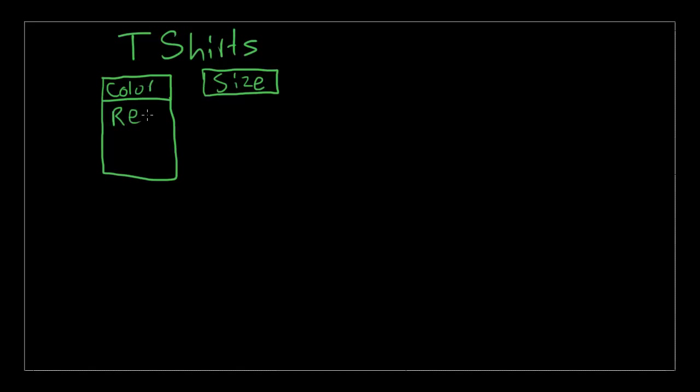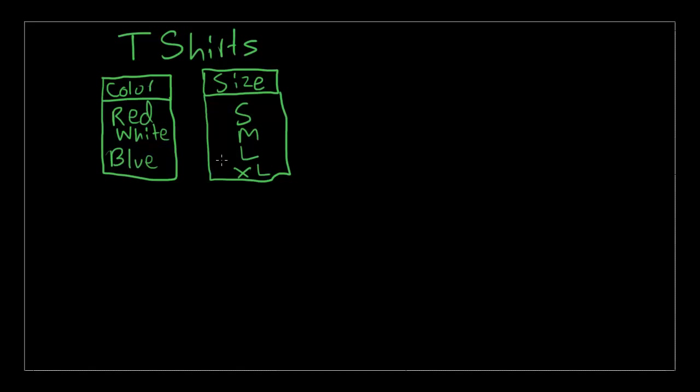There's red, there's white, and then there's blue. In size, there is small, medium, large, and extra large. Okay, so the tables above show the different colors and sizes of t-shirts that are available at Independence High School. How many different combinations of color and size are possible?